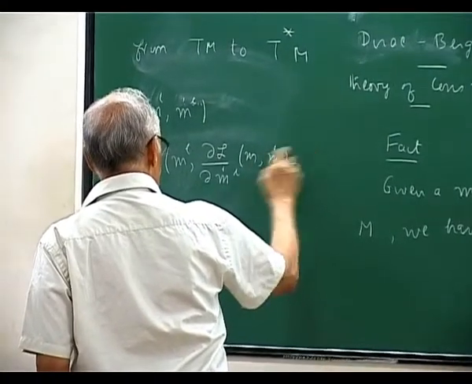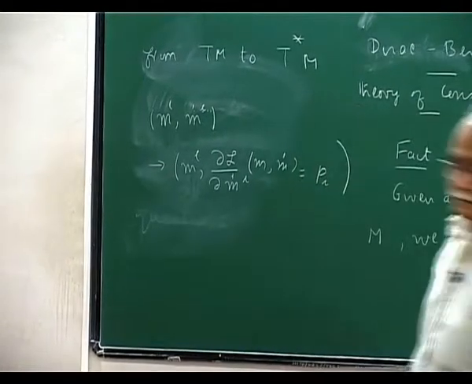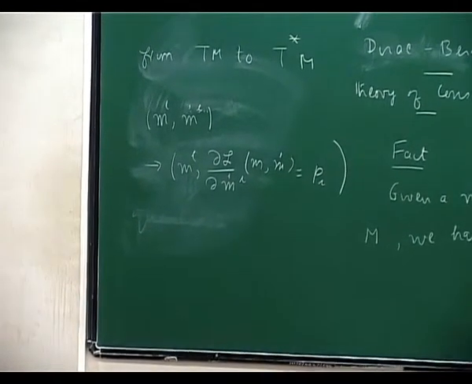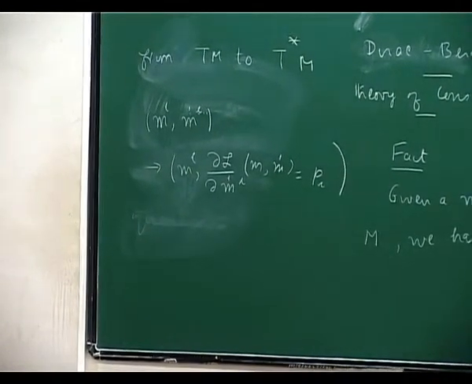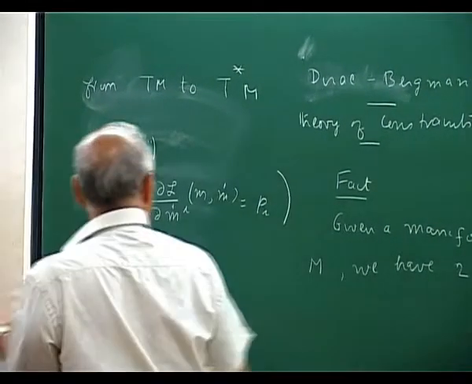So this is my Pi. Okay, so this is a mapping. It takes you from the tangent bundle to the cotangent bundle.